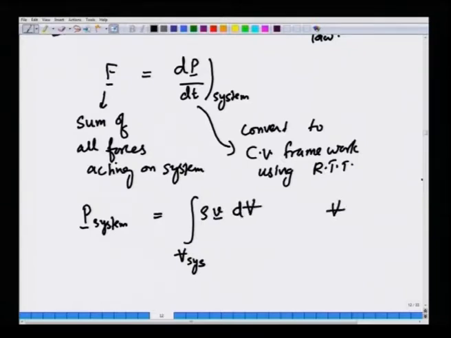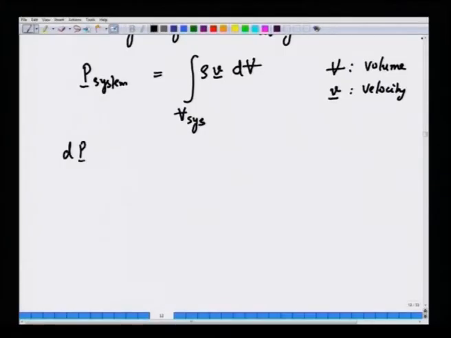So, in our lectures V with a cross is denoted for volume, whereas V is the symbol denoted for velocity, and since velocity is a vector, I am denoting it with an underscore. Okay. Now, first of all, Newton's second law says dP/dt for the system is the sum of all forces, okay, and we know what P is for a system.